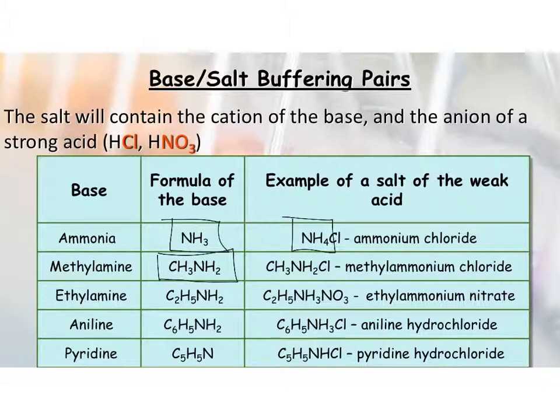So if we gained another H here, then that would be our conjugate acid. Okay, here's one. So ethylamine. This one, oh, I just noticed this formula is actually wrong. It should have a little 3 there. Okay. All right, so ethylamine, there's your weak base. It grabs another H. So there is your conjugate acid.